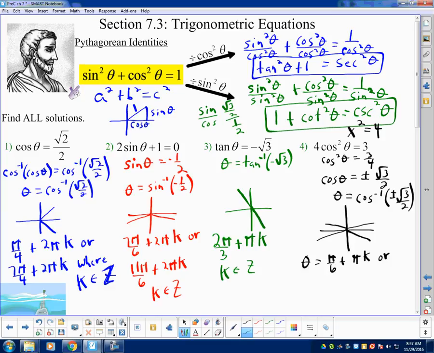Or the next one is, what's this guy right here? Pi over 6, yeah. Plus pi k. K is an element of the integers. Okay, so those are some basic equations. Listing all the solutions.